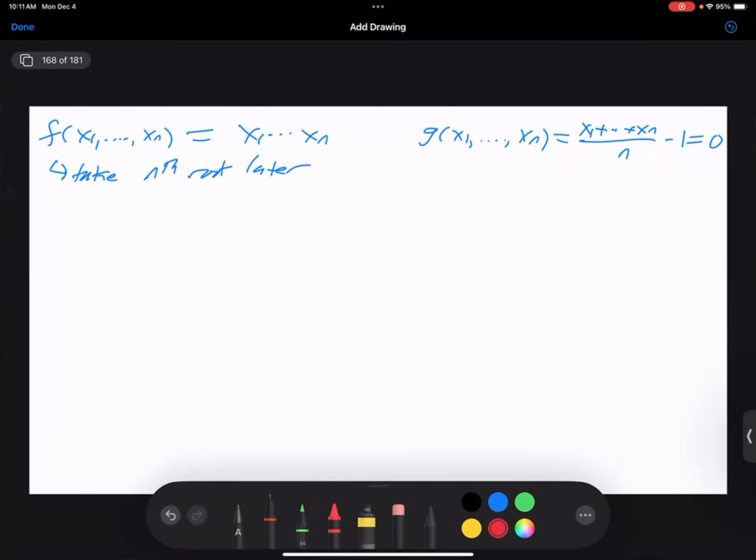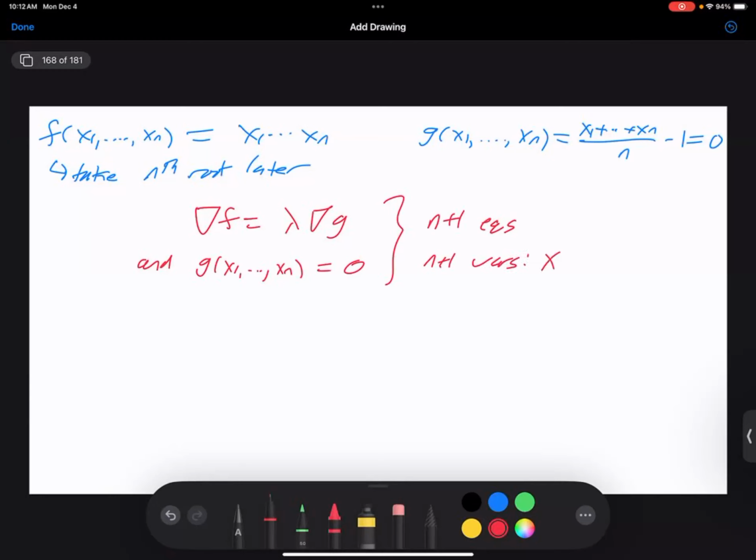We have the following equations. The gradient of f is lambda times the gradient of g, and g(x1, ..., xn) equals 0. So here we have n plus 1 equations and n plus 1 variables: x1 through xn and lambda. Which is the variable that you care the least about?